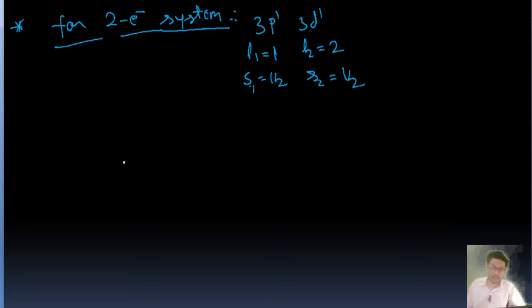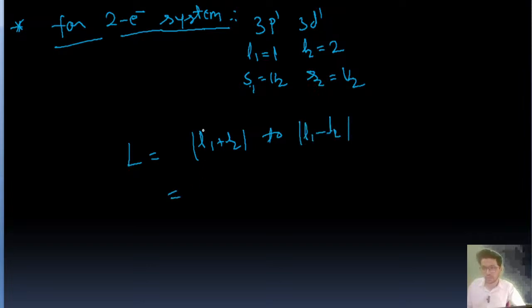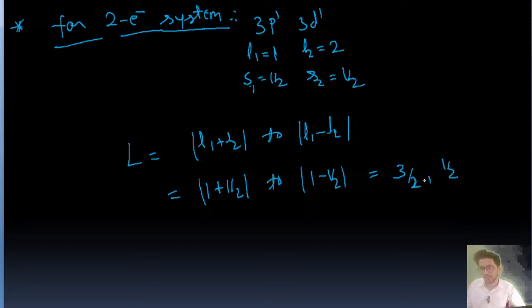Now we'll do the coupling, so L is going to be |L1 + L2| to |L1 − L2|.